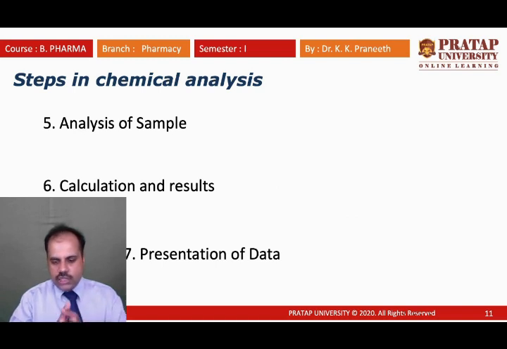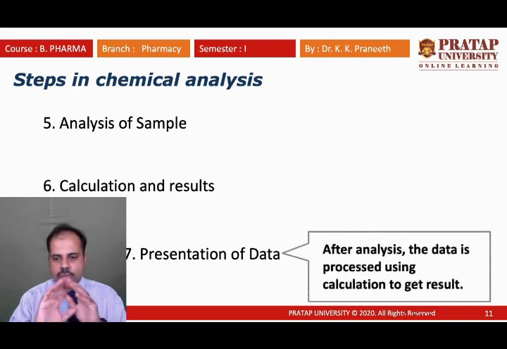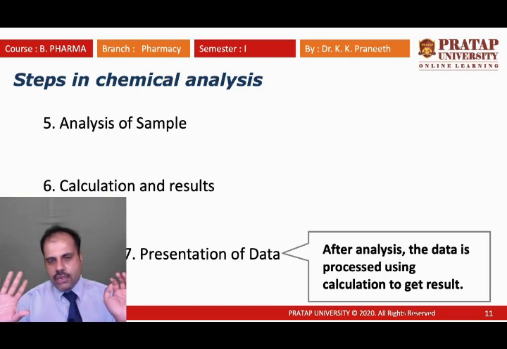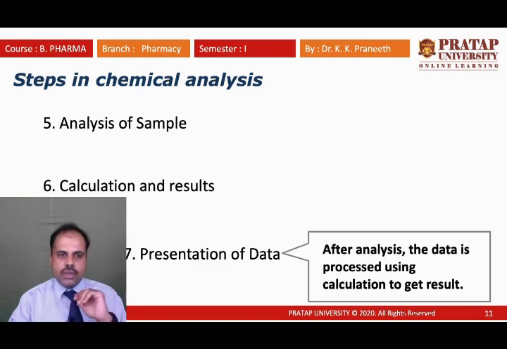So these results are presented in the form of data appropriately, either through some table or presentation or any other means. These are the final step in the chemical analysis.